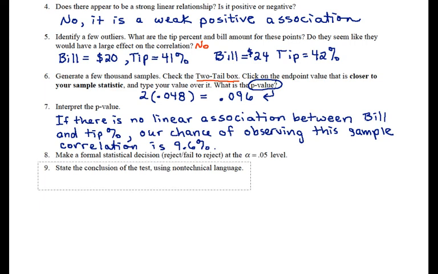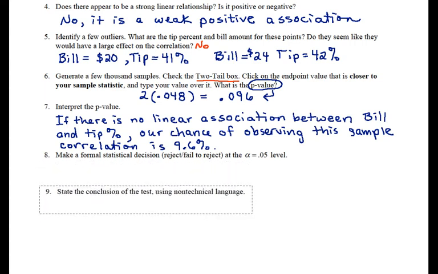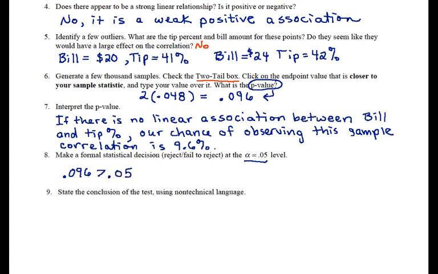Our formal statistical decision, we want to compare this p-value to 0.05, our given significance level. 0.096 is not less than 0.05, it's greater than 0.05, and that means we fail to reject.